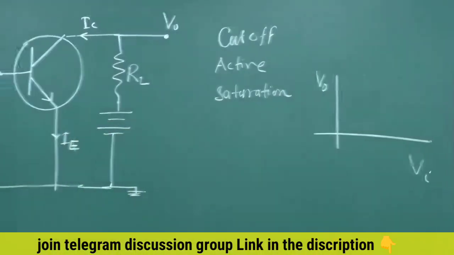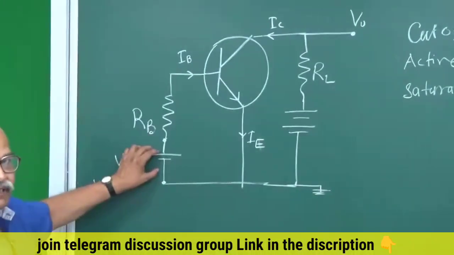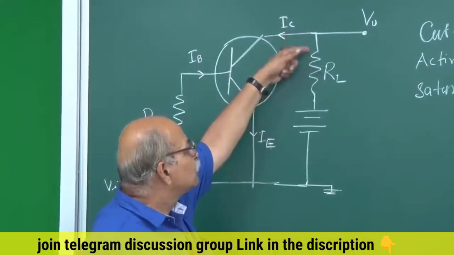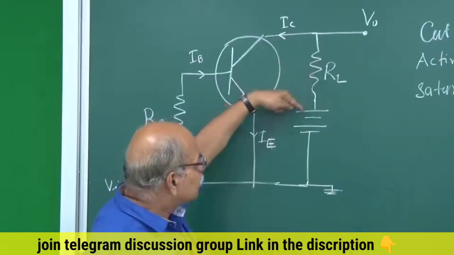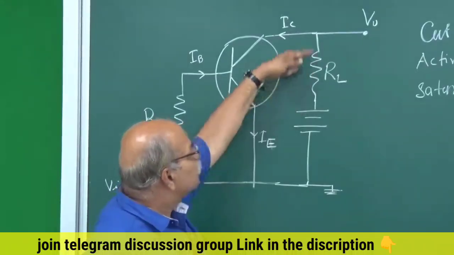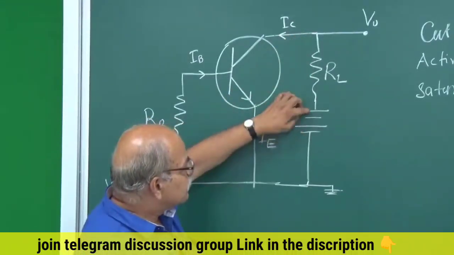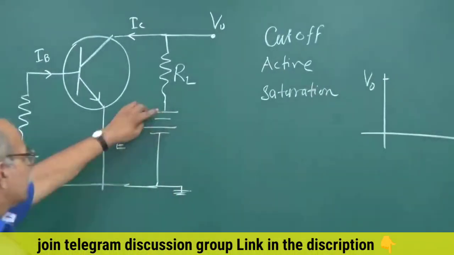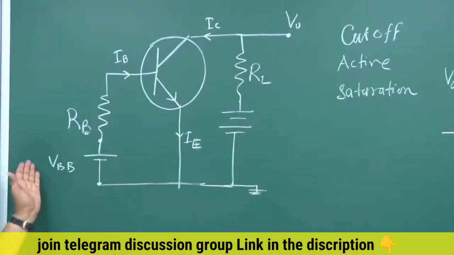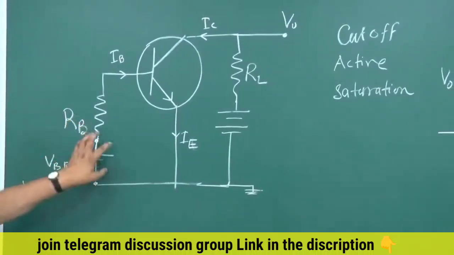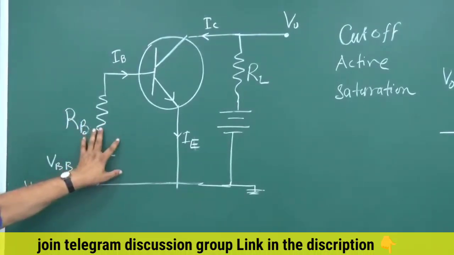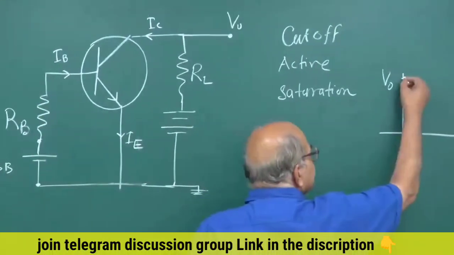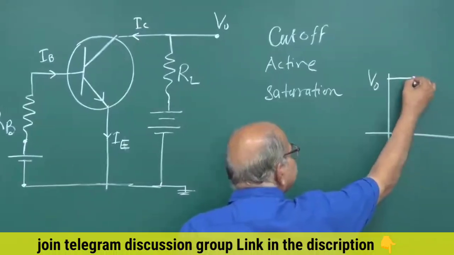If this VI is very small, you are in the cutoff region, and then IC is 0. If IC is 0, no drop on this RL, and therefore, whatever voltage is here, the same will be the voltage here. So, this battery voltage will appear as this output voltage. And if you increase it slightly, it is still not forward biased with sufficient strength, and it remains in the cutoff region. So, you increase this VI, and initially this will remain at V0.